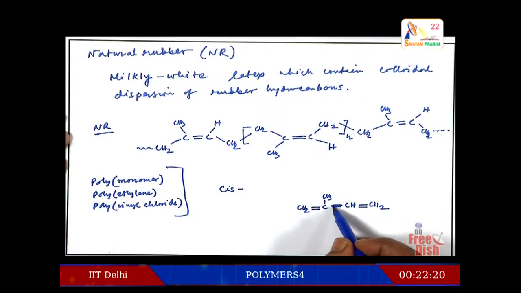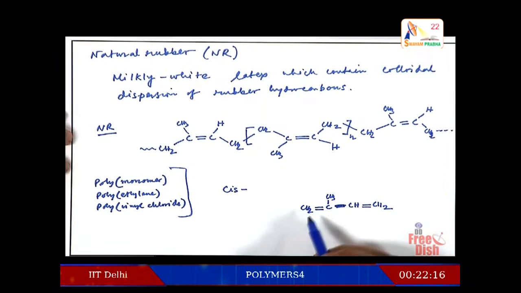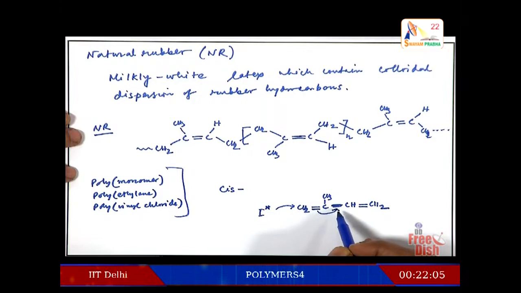This is a single bond, not a double bond. If we think this is the monomer, then we can think about an initiator which can react, and you get the double bond here and you get the active center here.